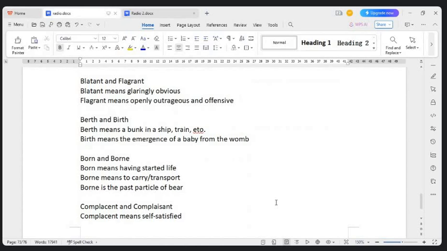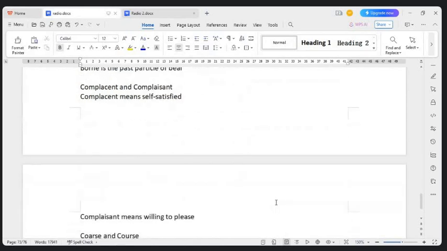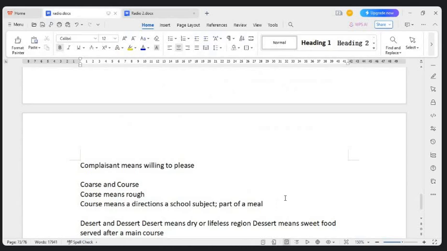Complacent and complaisant. Complacent means self-satisfied. Complaisant means willing to please. Coarse and course. Coarse means rough. Course means direction, a school subject, or part of a meal.